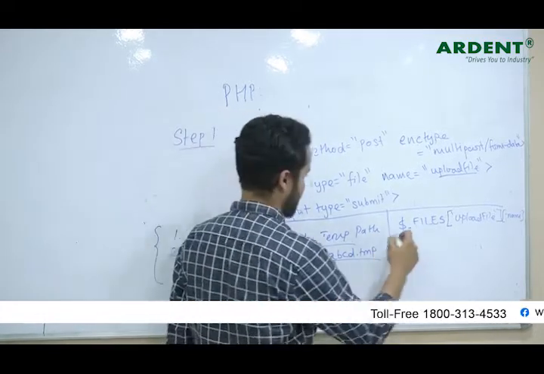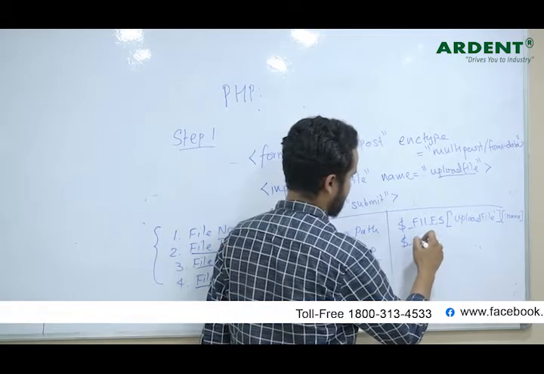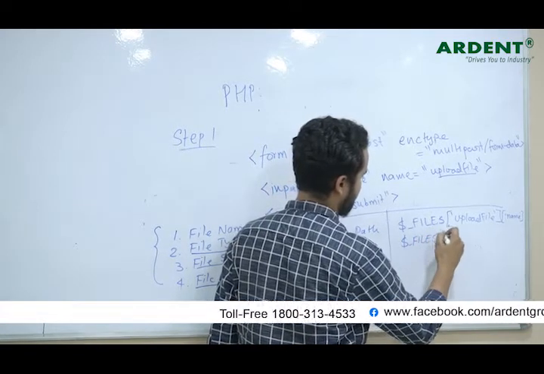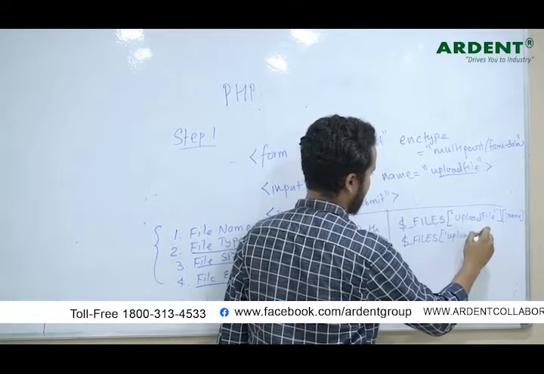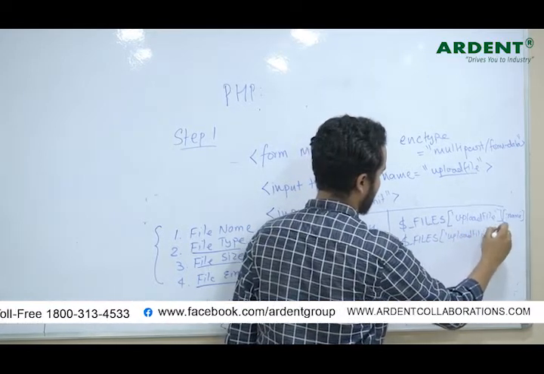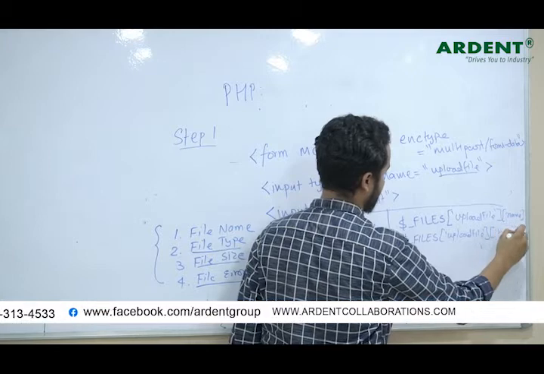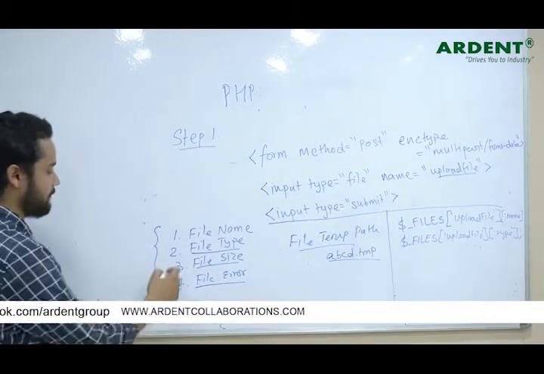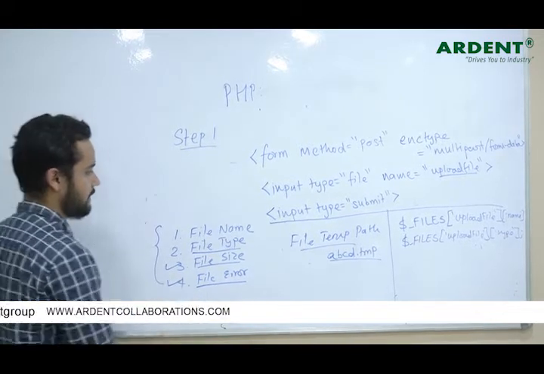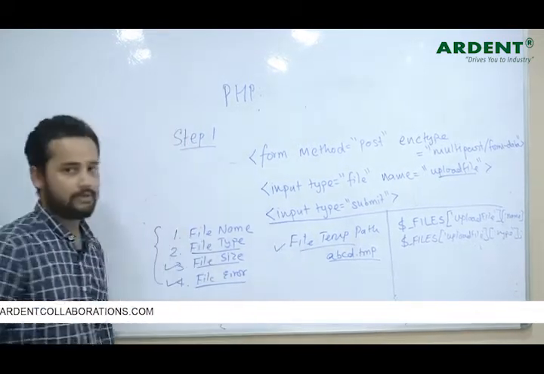Then for the type we have $_FILES, upload file, type. And similarly, the same thing happens for file size, file error, and file temp path.